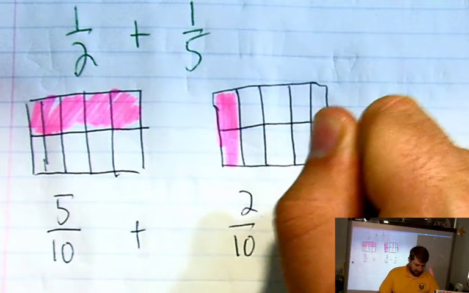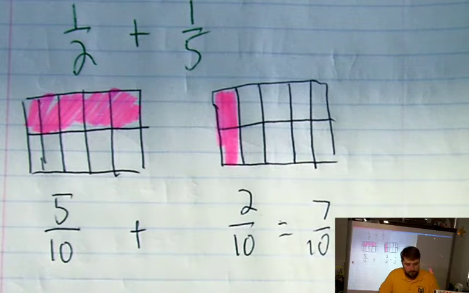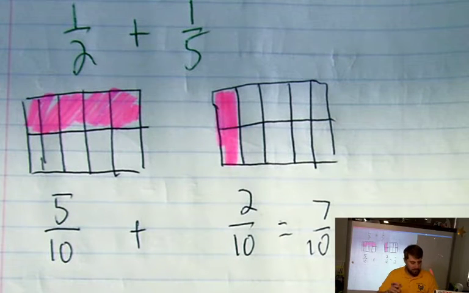Well, and that'll work pretty well for a lot of things. I love our rectangular fraction model. It helps me visualize what is going on and remember that I'm not changing the amount that is shaded in.